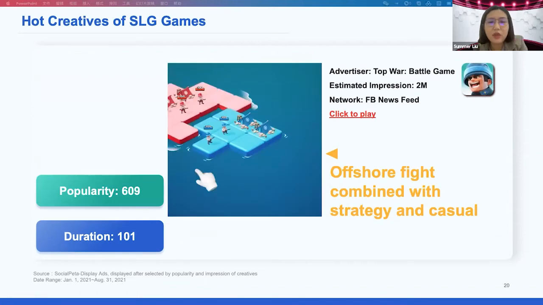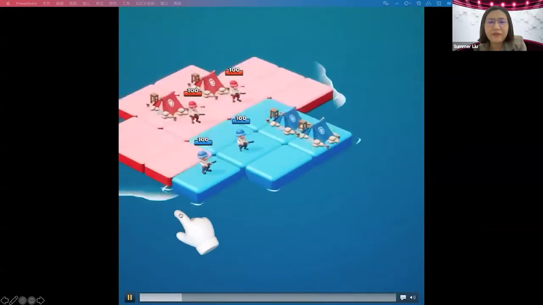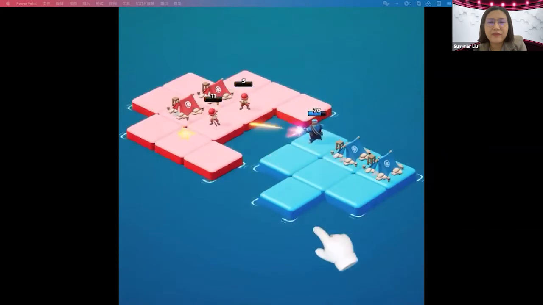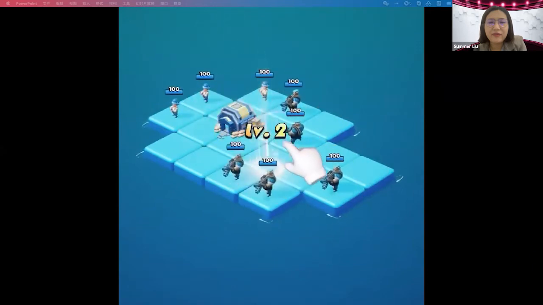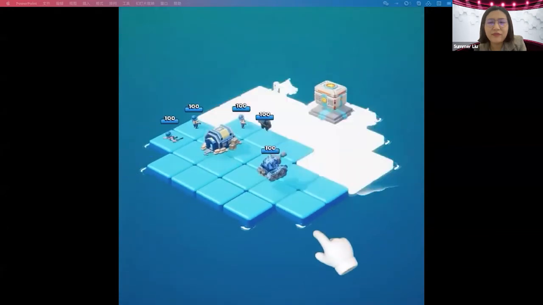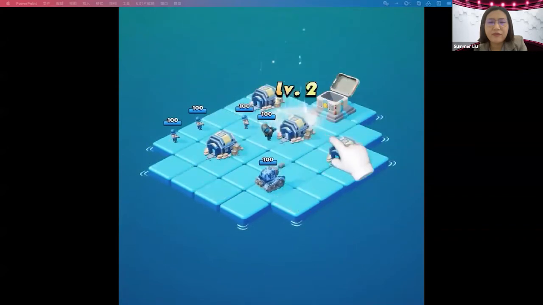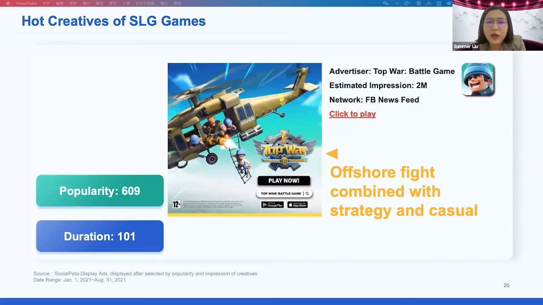And the next one is from Top Wars. This video combines casual and strategy gameplay. It starts with the drift of offshore platforms, and then players can upgrade by combining land plates and fight against enemies.